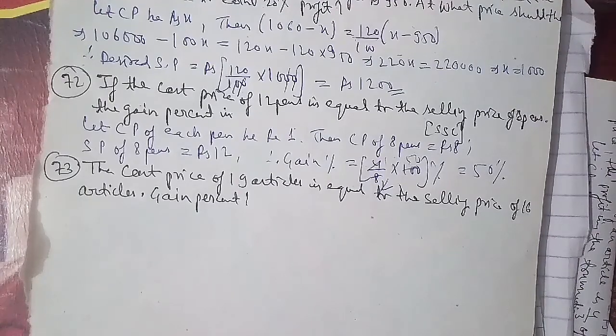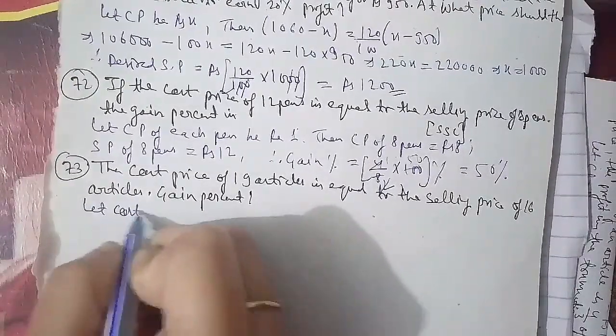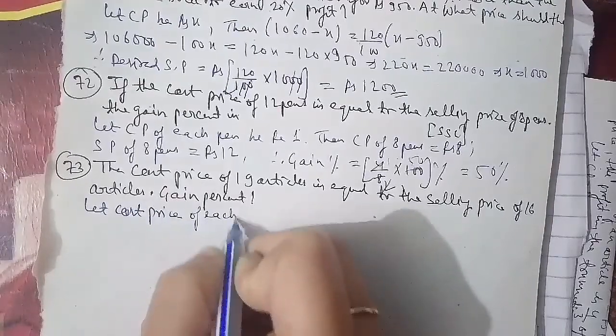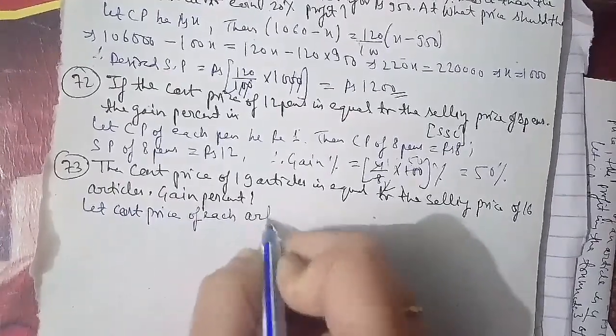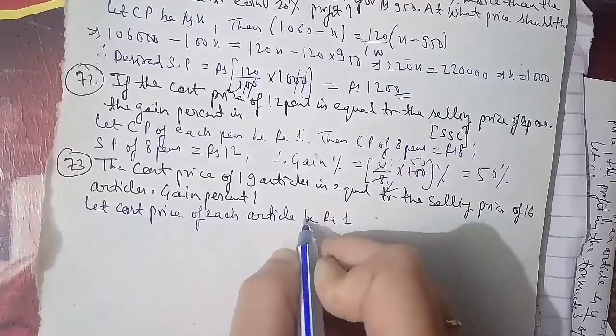Let the cost price of each article be rupee 1.